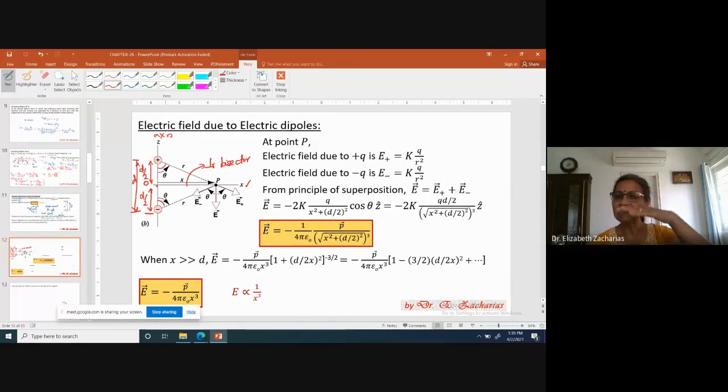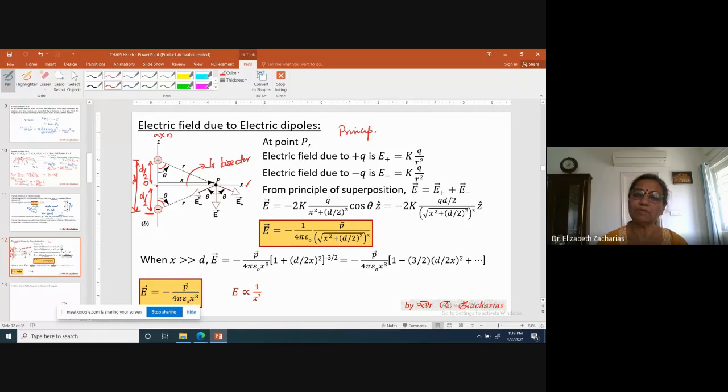You can clearly see that this x-axis is a symmetric axis. What is above that is similar to what is below that. So there is some kind of symmetry. Now we have to find out the field at the point P. We will use the principle of superposition.